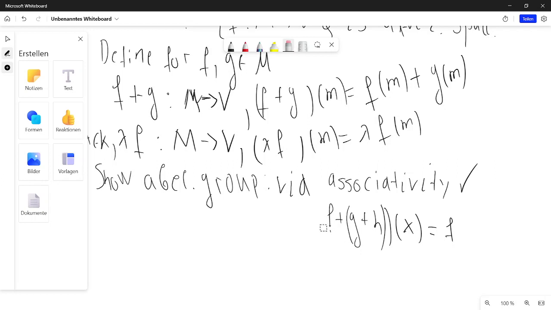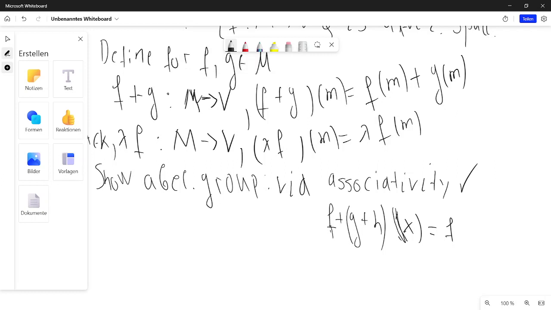First we apply the function g plus h to x, and then we apply to that the function f plus g plus h.